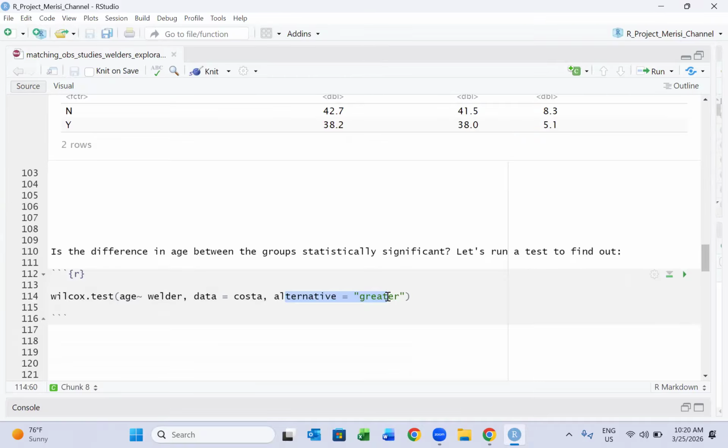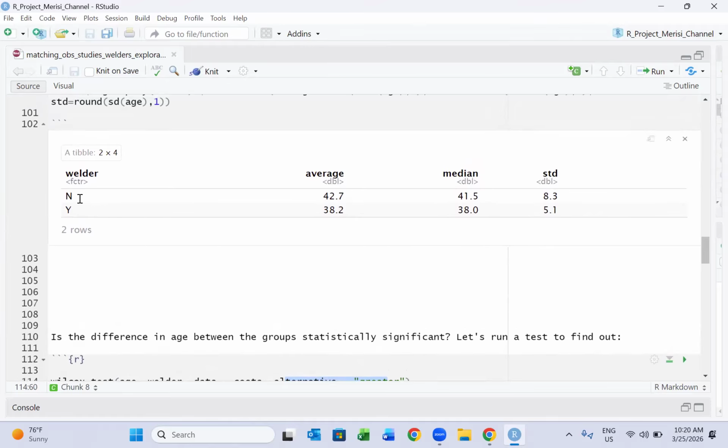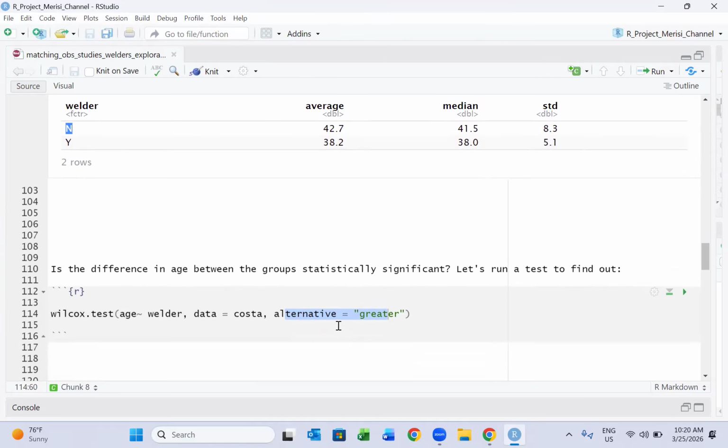Because R uses the first category as the reference, okay? The first category for the welder column is, as you can see here, no, meaning non-welders, right? So when we do alternative greater, what R will do is check if the first category, non-welders, is greater than the second category.